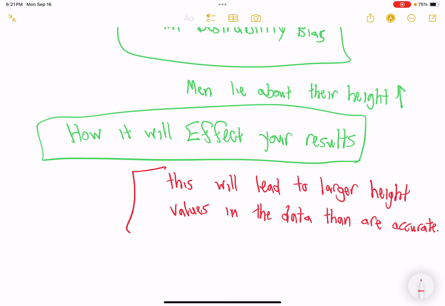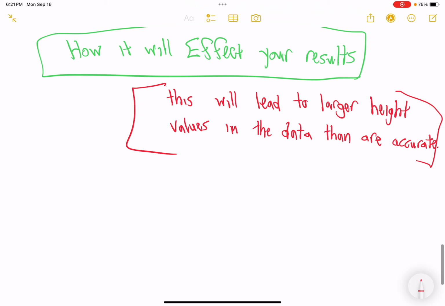Being able to say, well, this is how it'll impact the data, that's the most important part of working with biases. Because sometimes it'll lead to lower values, and you need to be able to state that when you answer these types of questions. Excuse me, okay.